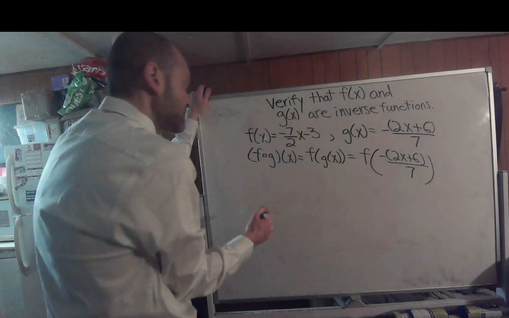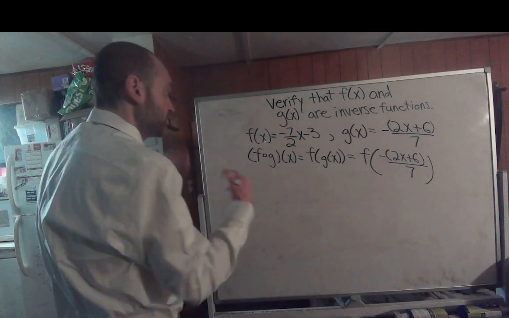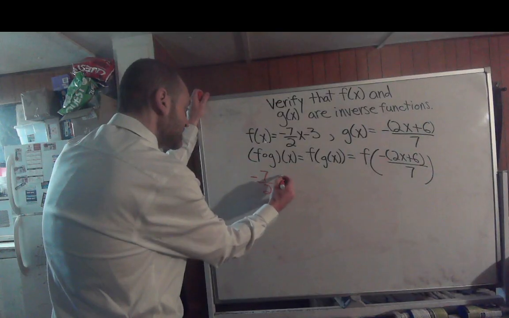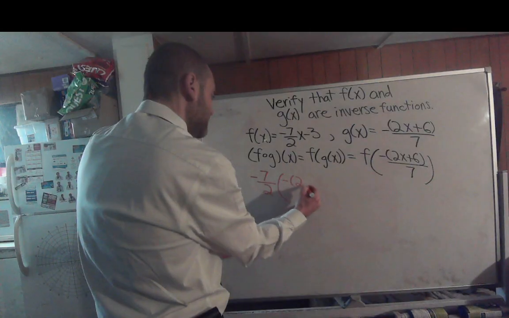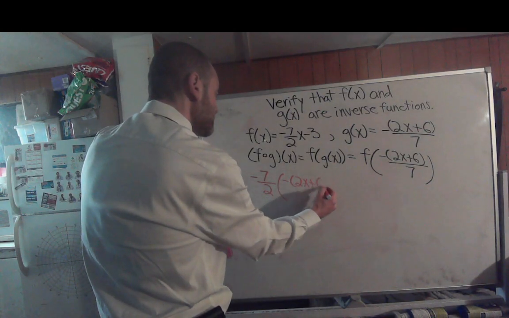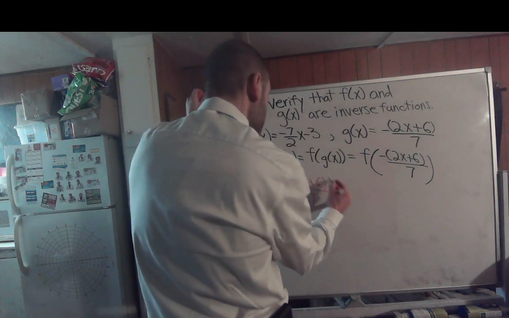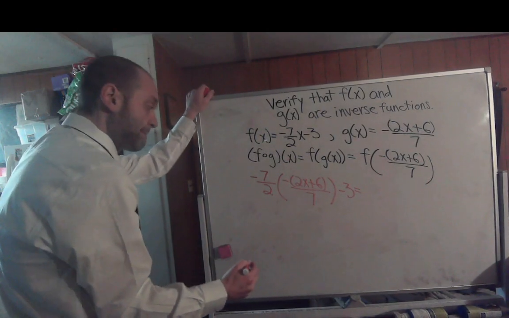I'm going to put that in for x here in f of x. So let's work that out in a different color. This would give me negative 7/2 times the negative of that 2x plus 6 all over 7. All that minus 3, what should that give me?